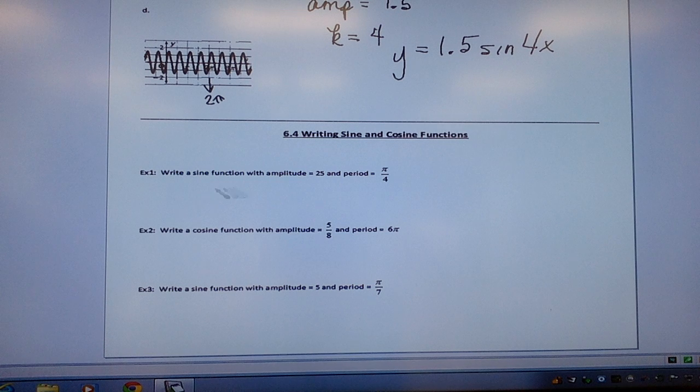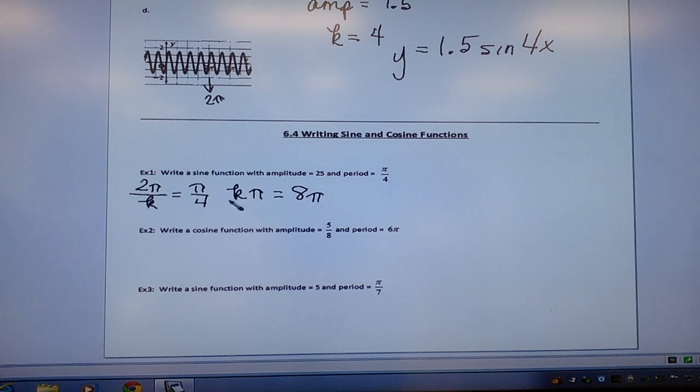So our period is given by 2 pi over k. And in this case, our period is pi over 4. So 2 pi over k equals pi over 4. Cross multiply. So you'll have k pi equals 8 pi.